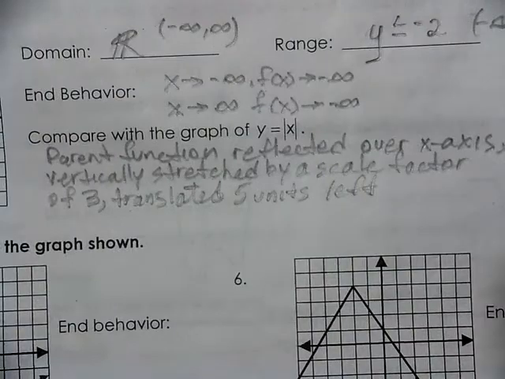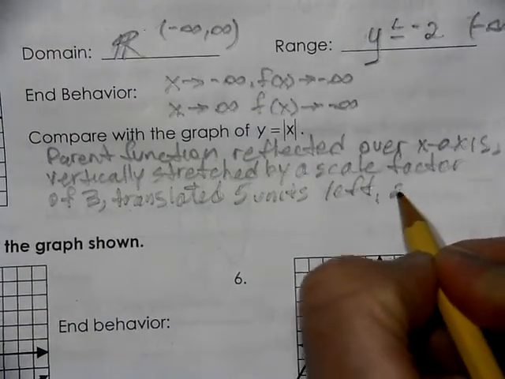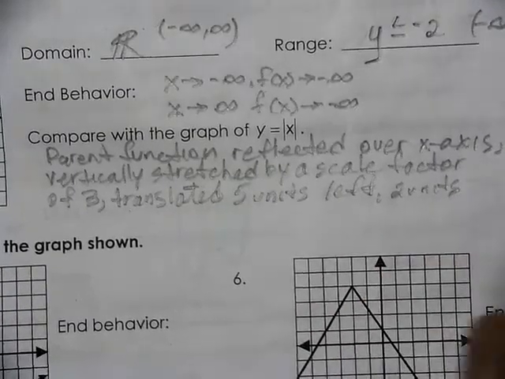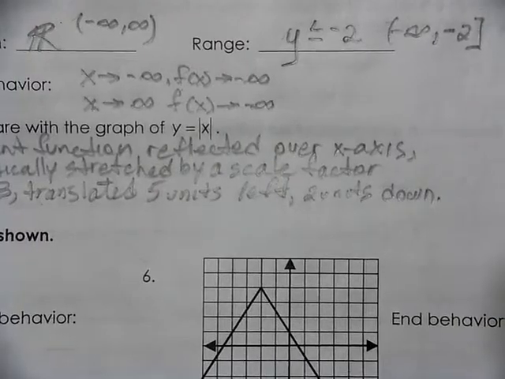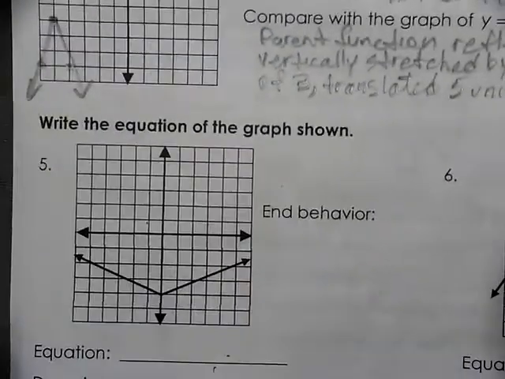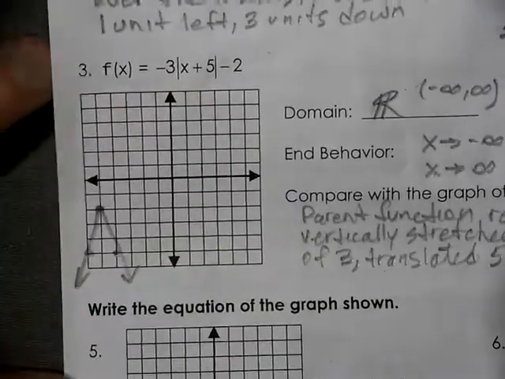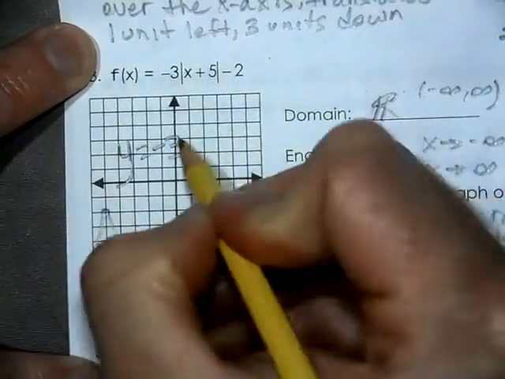Remember, that's going to be opposite of what you think for the h value. 2 units down. And that's what a negative 2 would imply. So looking back over at our final graph, don't forget to label your equation.